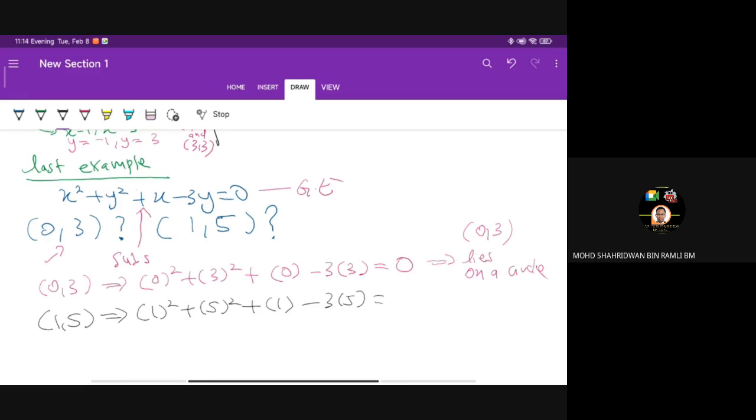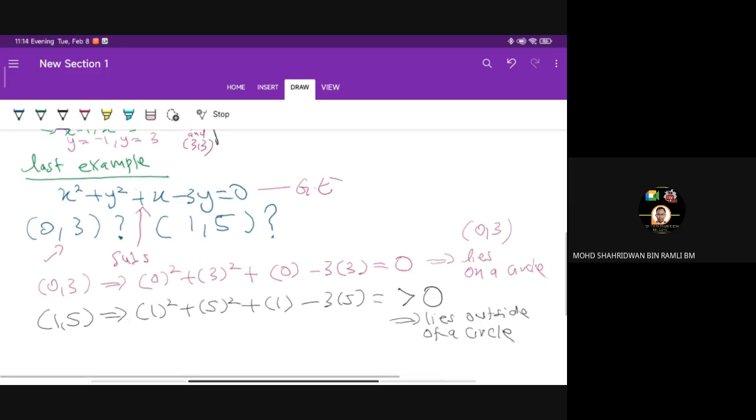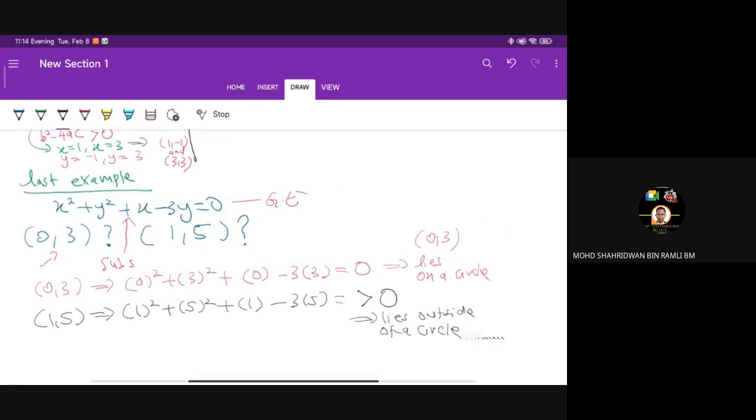So you will have something which is greater than 0. When it is greater than 0, that means this lies outside of the circle. If you get less than 0, that means inside the circle. I think that one is very simple.